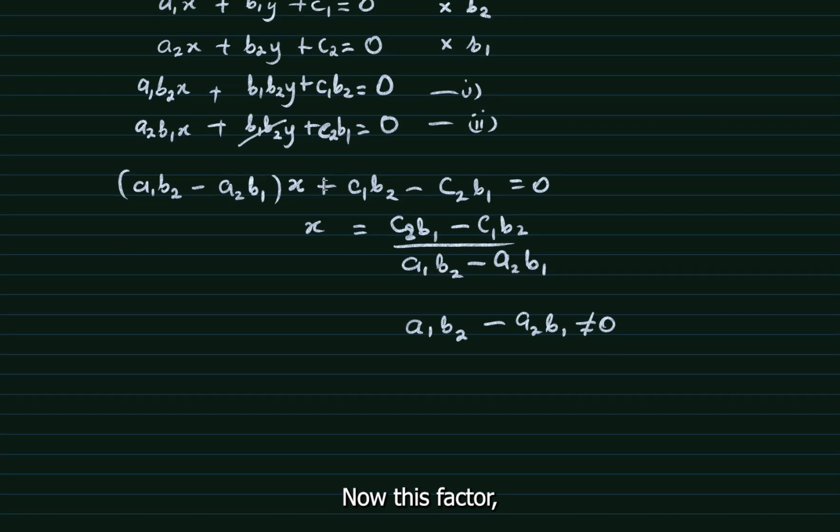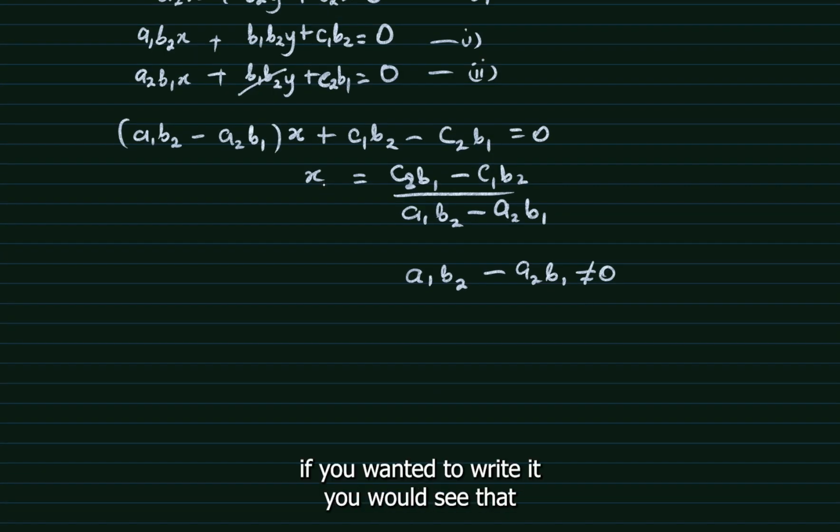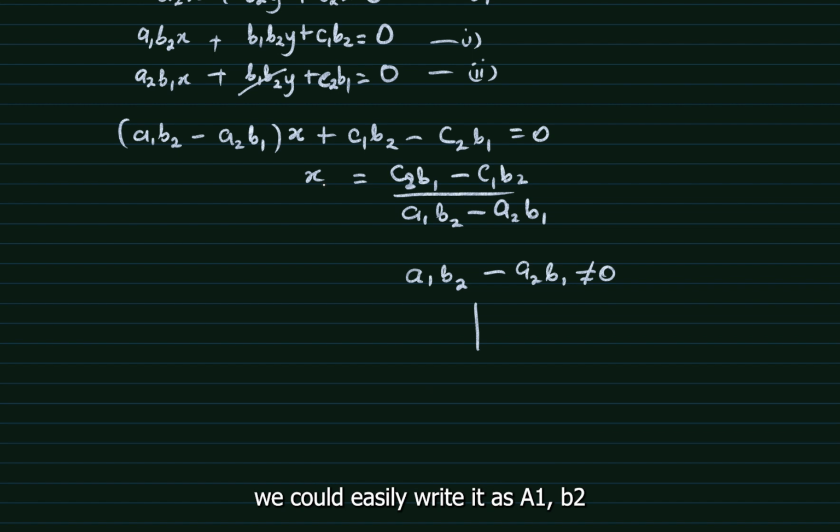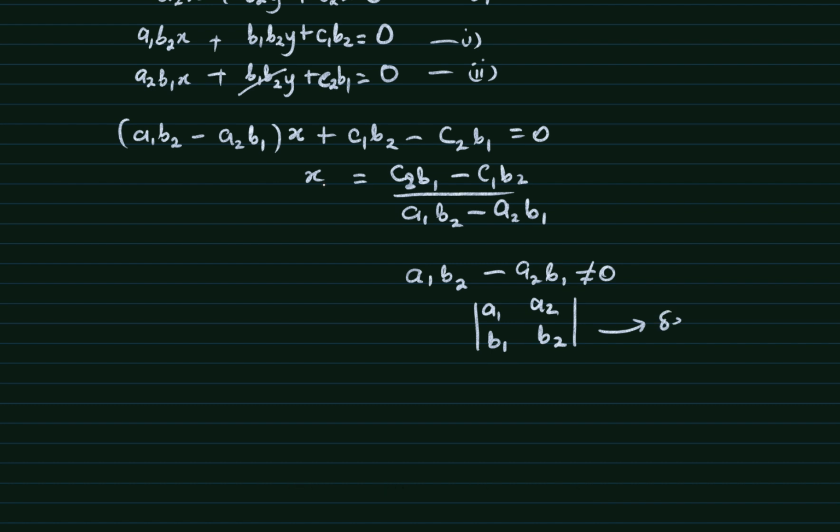Now this factor, if you wanted to write it, we could easily write it as the determinant of a1 b1 over a2 b2, and this is our determinant.